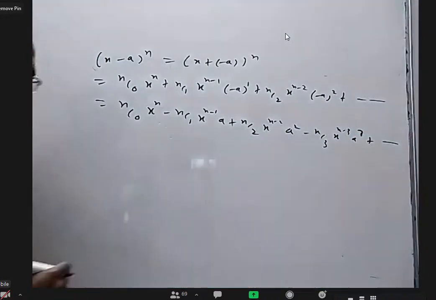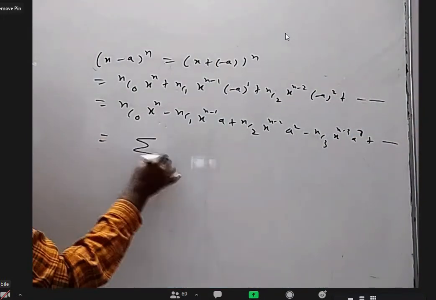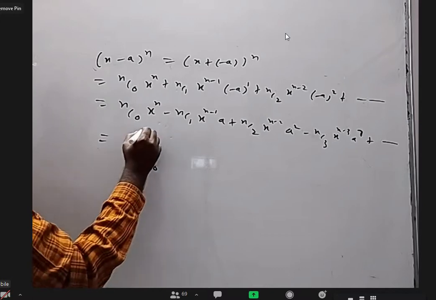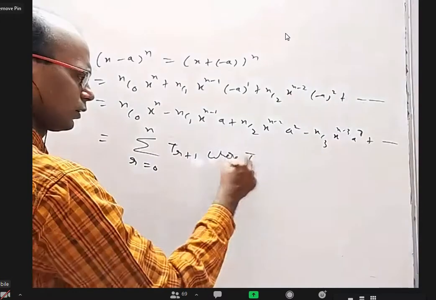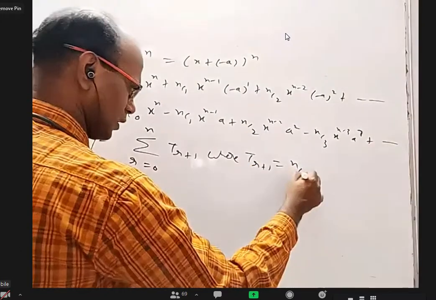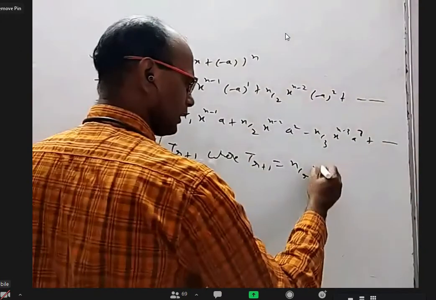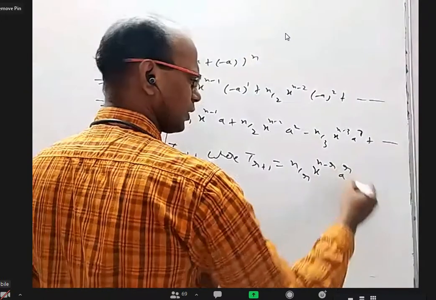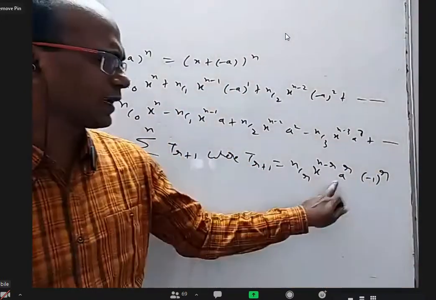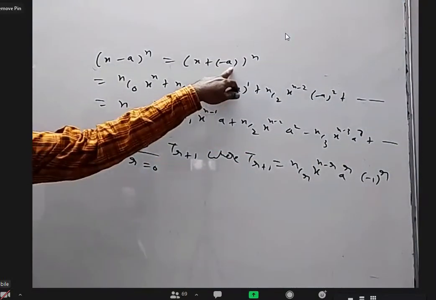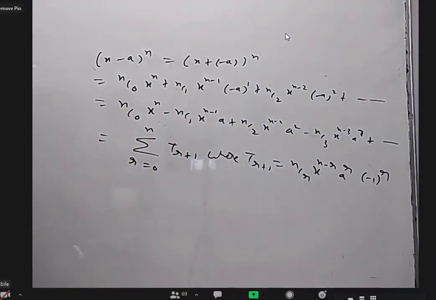Alternately plus and minus you will get. In general, sigma r equal to 0 to n of T r plus 1, where T r plus 1 is nCr x power n minus r a power r, into minus 1 whole power r. Of course, these two together I can write as minus a whole power r because simply a is replaced with minus a. But we can also write like this.